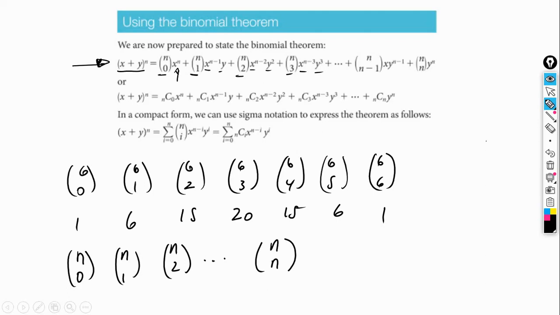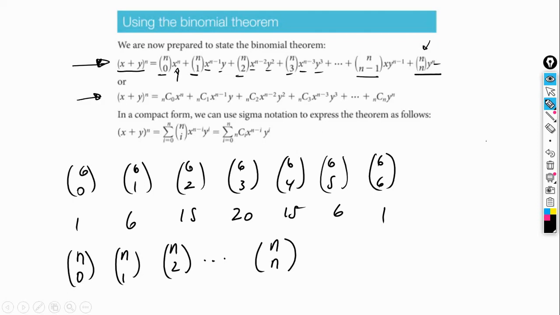So we get a pattern. And this would be previous to last, right? So n choose n minus 1, x to the 1 times y to the n minus 1, and then finally n choose n for the coefficient, and y to the n.